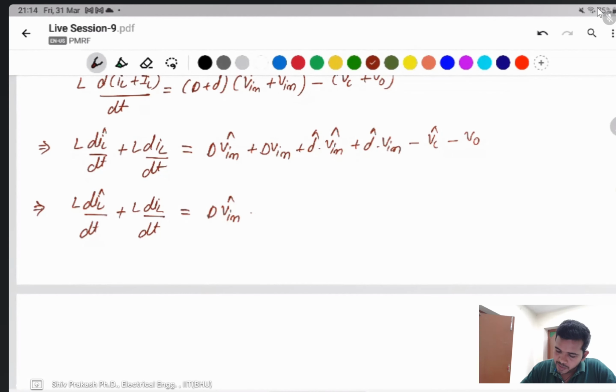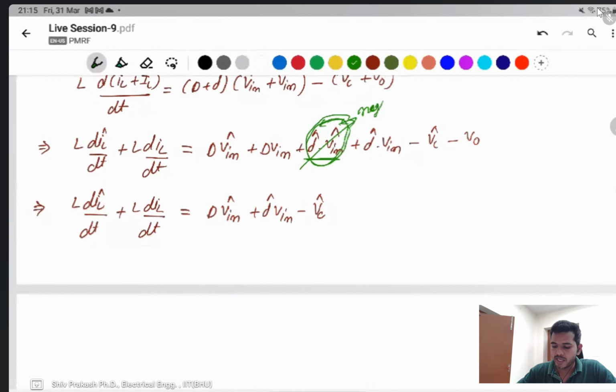D V in cap plus d cap V in minus VC cap. Here d cap times V in is the product of small changes: small change in duty ratio and small change in the input voltage. This variation is very small with respect to the other terms, so you can neglect this term.